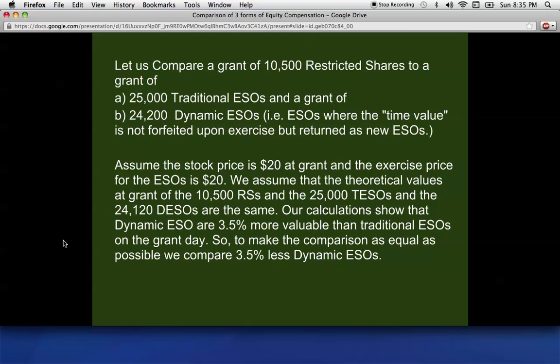Our calculations show that dynamic employee stock options are 3.5% more valuable than traditional employee stock options on the day of grant.